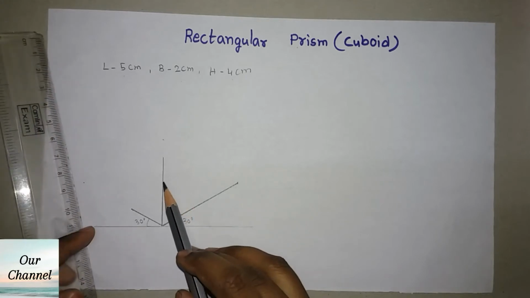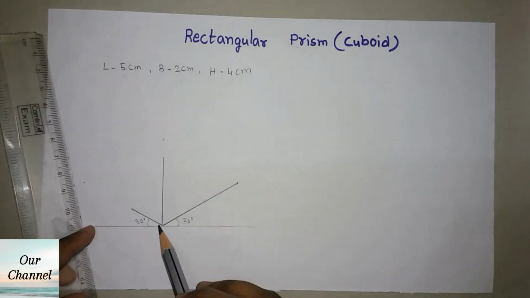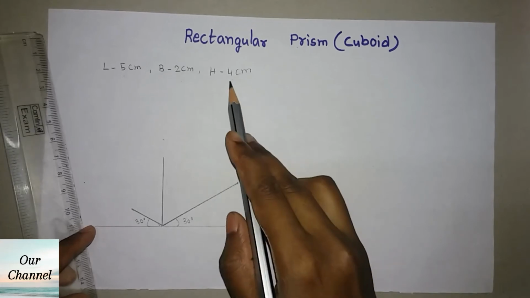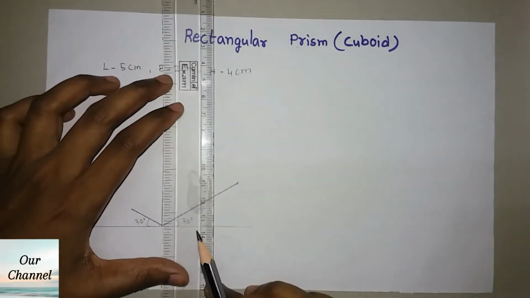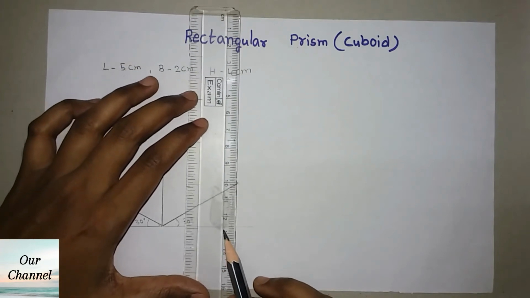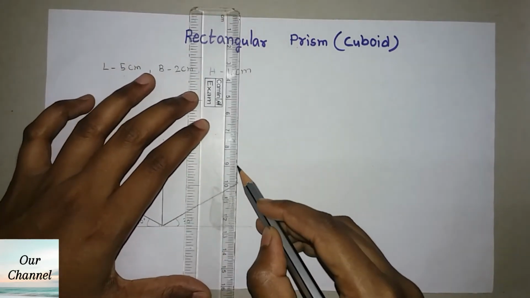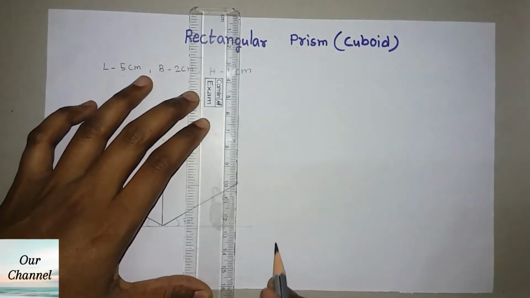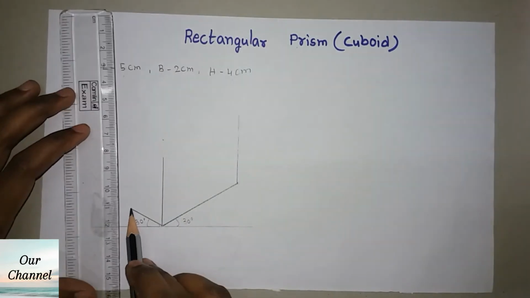Now a line which is parallel to this height, we should draw here also with the same length, that is 4 centimeters. See here, 1, 2, 3 and 4 centimeters. Similarly from here also.